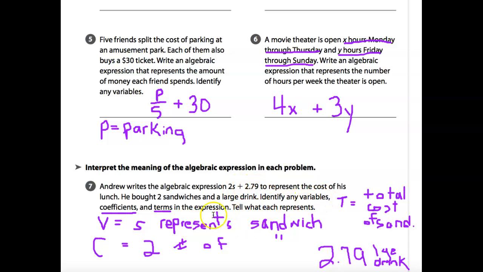So we just had to identify the variables, coefficients, and terms in the expression. So the variable S stands for sandwiches. The coefficient is the number 2, and it's the number of sandwiches. T, the terms, is the total cost of sandwiches. And then 2.79 is the large drink, or 2S, I should have said this. 2S, this is the term. 2S is the total cost of the sandwiches. All right, let's move on.